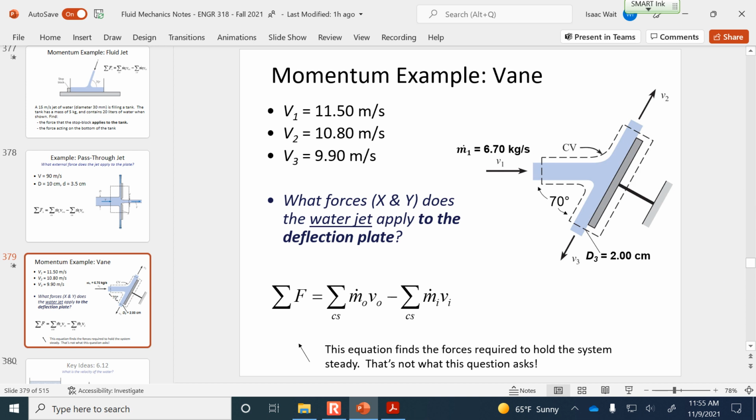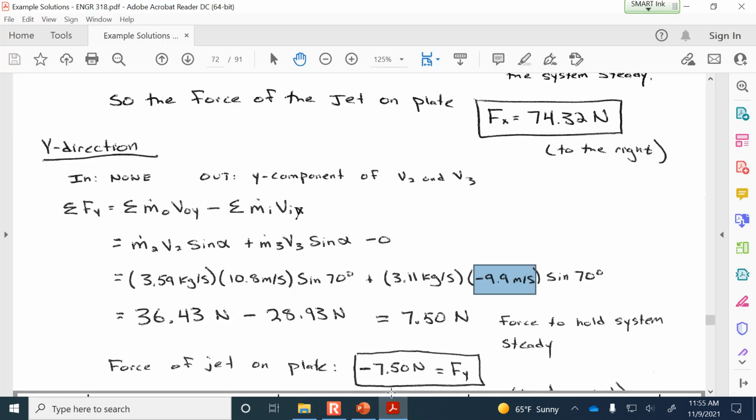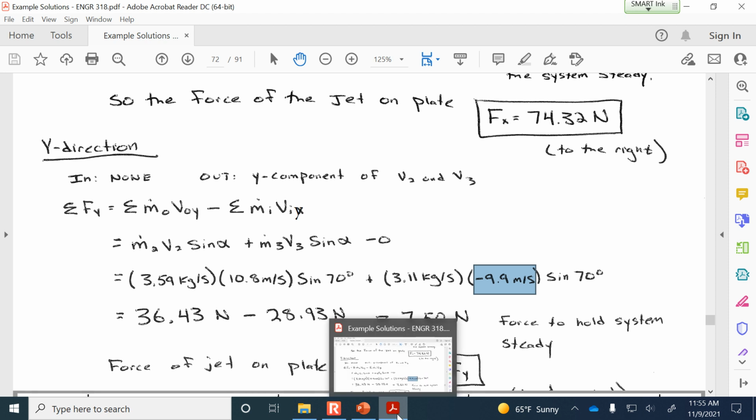But whether it's going to be vertical up or vertical down has more to do with the mass flow rates and the relative velocities of each of the exiting streams. So 7.5 newtons downward is the force of the jet on the plate. So the plate is tending to move downward unless it's steadied.